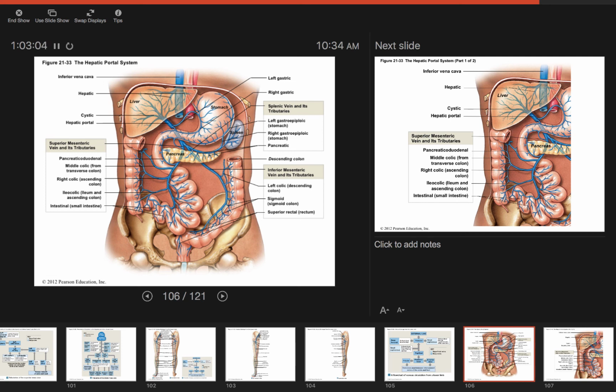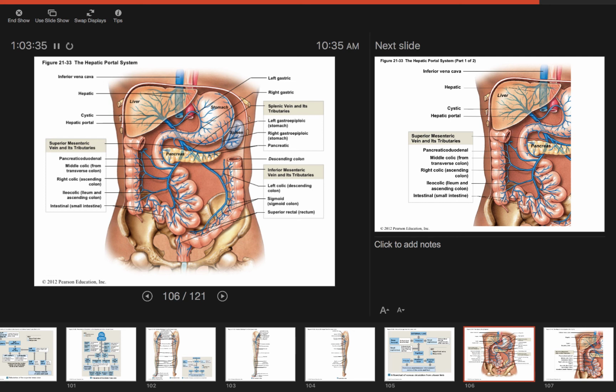If it decides to send it out into the circulation, it's going to go through the hepatic vein from the liver to the inferior vena cava. And that's how the blood will get back into the systemic circuit. So it will have to be oxygenated before it goes to the body with the glucose? Yeah, so the superior mesenteric artery will deliver oxygen to the intestines, but then the superior mesenteric vein will pick up nutrients and bring them to the liver.